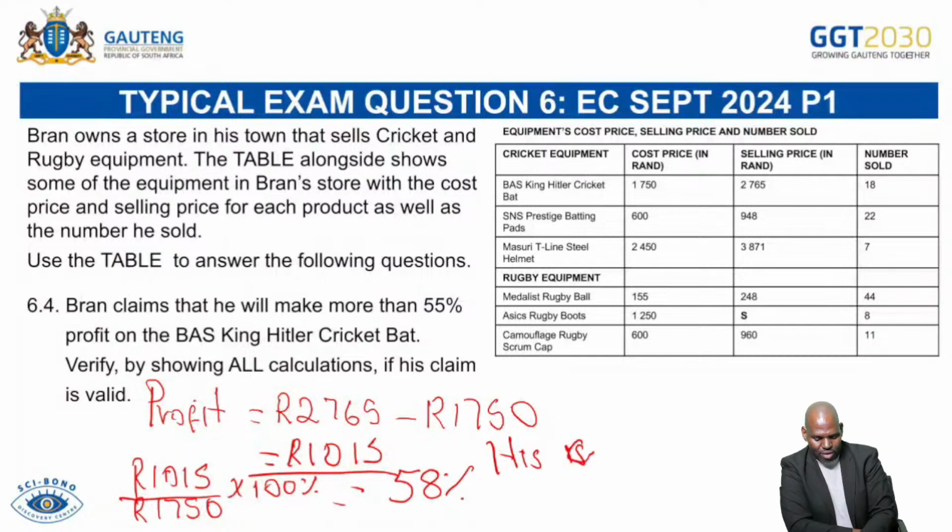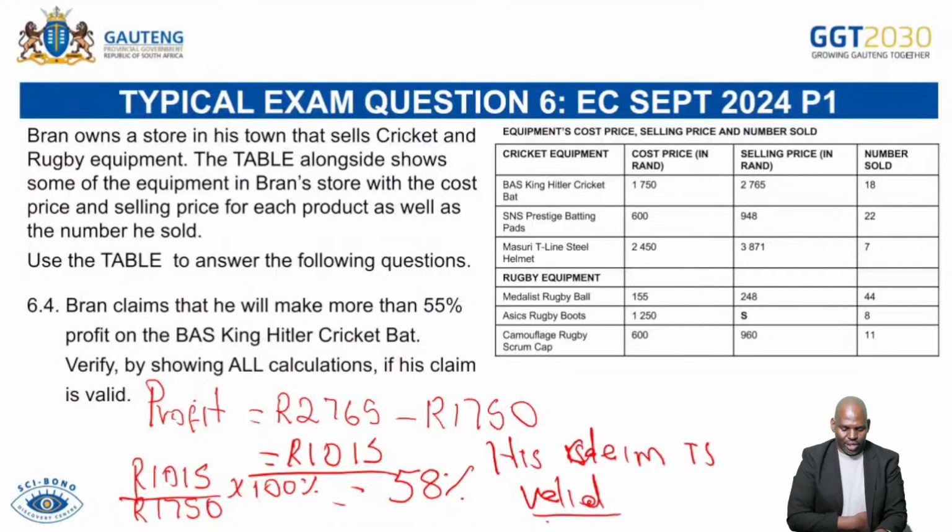Why is it valid? Because you can see that 58% is more than 55%. Of course, he said it will be more than 55%. And indeed, after doing our calculations, we can see that it's more than 55%.